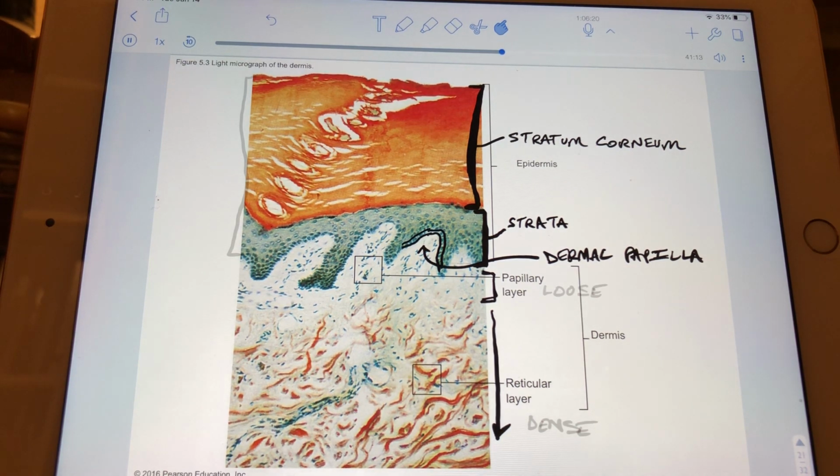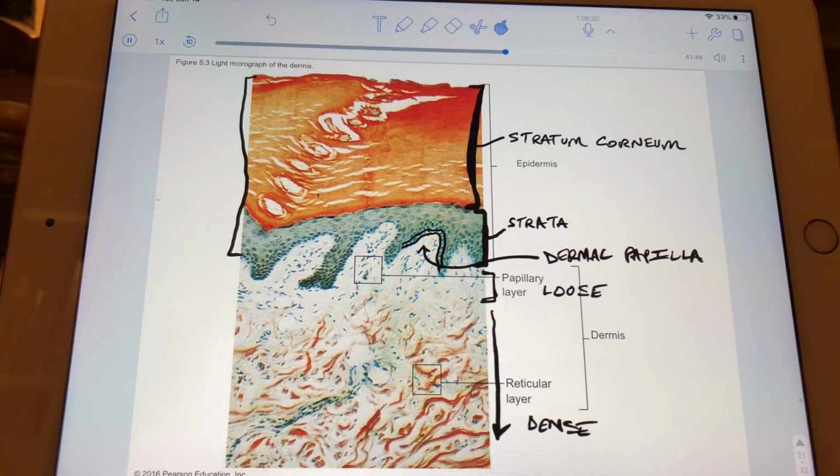And you can really see how much more densely packed the fibers are in the reticular layer than they are in the papillary layer, because the papillary layer is comprised of a loose connective tissue and the reticular layer is comprised of a dense connective tissue, all right? Whereas epidermis is, of course, comprised of an epithelium, keratinized, stratified, squamous epithelium.